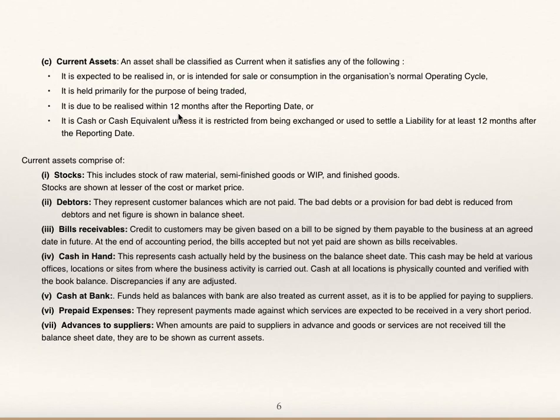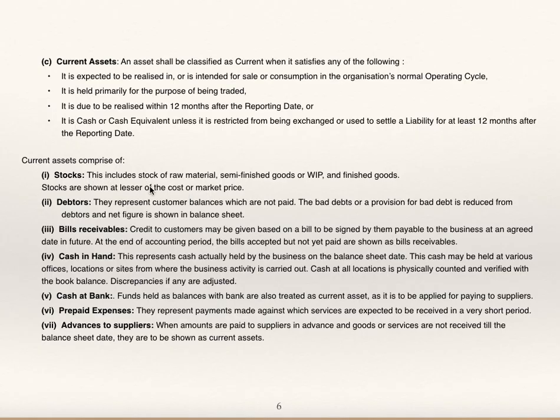It is due to be realized within 12 months after the reporting date, or it is cash or cash equivalent unless it is restricted from being exchanged or used to settle a liability for at least 12 months after the reporting date. Current assets comprise stock, debtors, bills receivable, cash in hand, cash at bank, prepaid expenses, and advances to suppliers. Now we'll see in detail one by one all of these current assets.